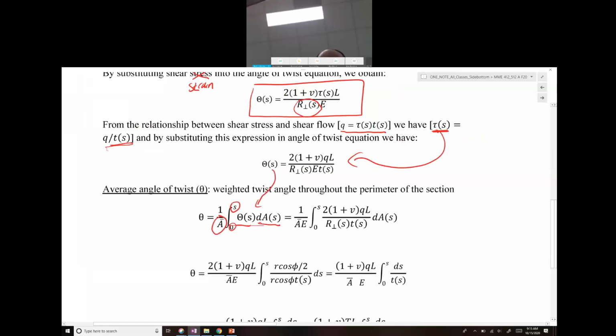So if we do that integral, we're just going to plug in our value of theta of s here. We're going to use that same substitution we made earlier for dA of s on the last page. So we're going to do the same substitution for dA of s and r perpendicular of s.